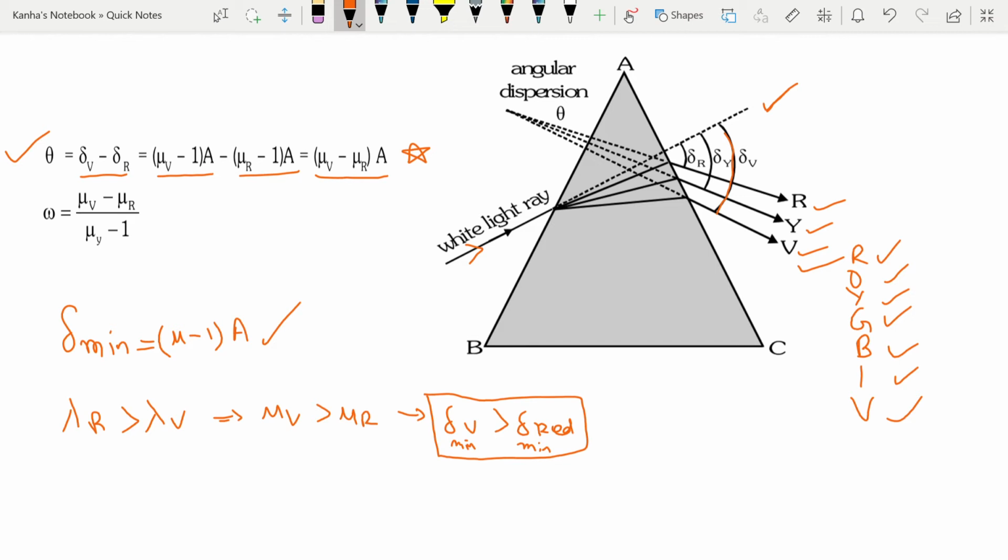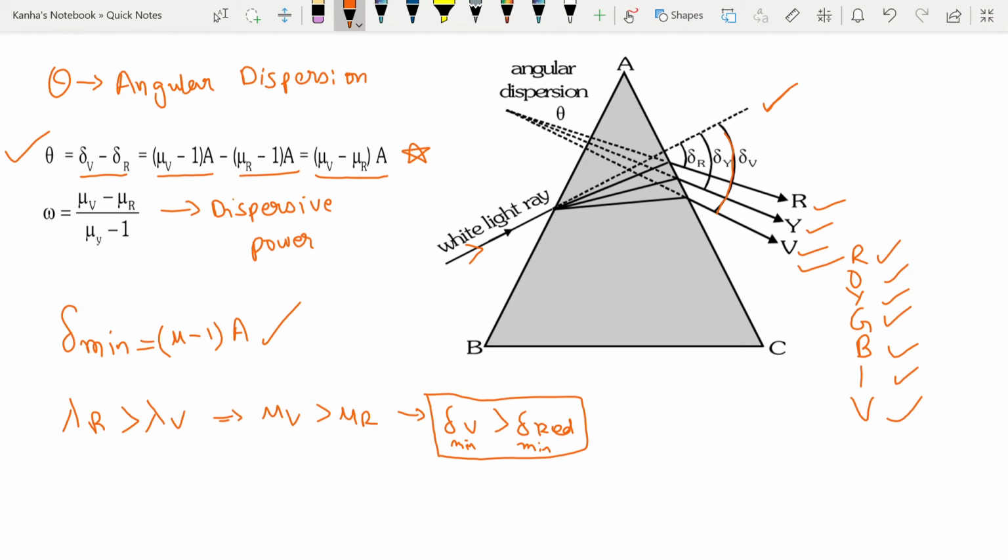First of all, theta is your angular dispersion, and your omega is nothing but your dispersive power. All these will be formula based questions. It is the ratio of angular dispersion theta to the mean color deviation.